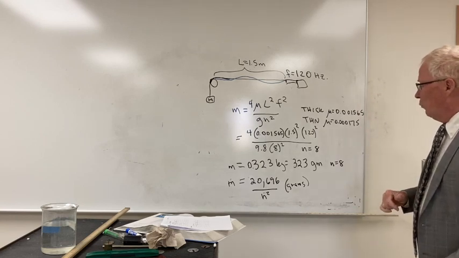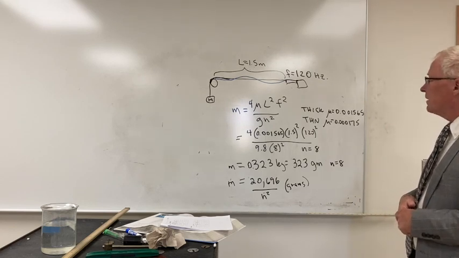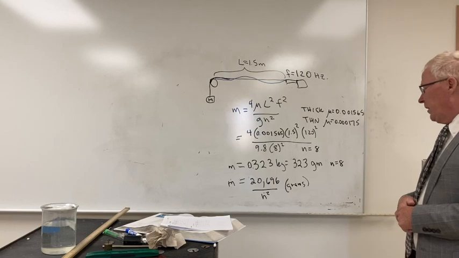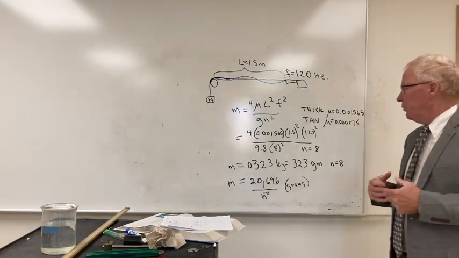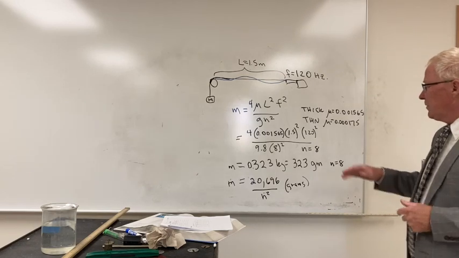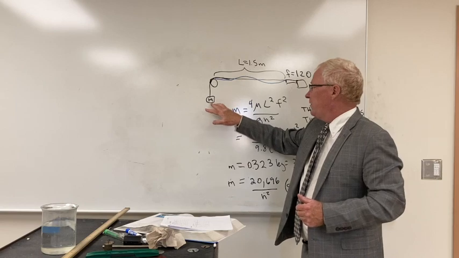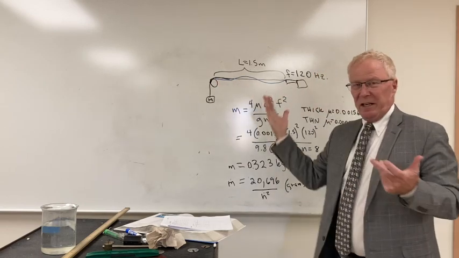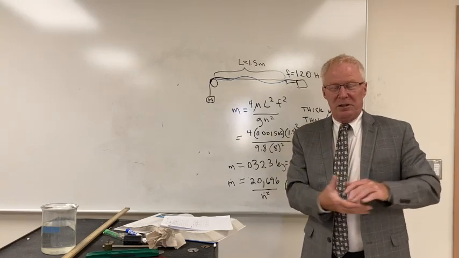I'm going to go through one calculation here, and I'll do it for the thick string, and then I'll show you how to calculate it for the thin string, without redoing it each time. So here is the formula for calculating the mass that will create the right tension to create a standing wave, and then we'll actually verify it with each of the different cases.